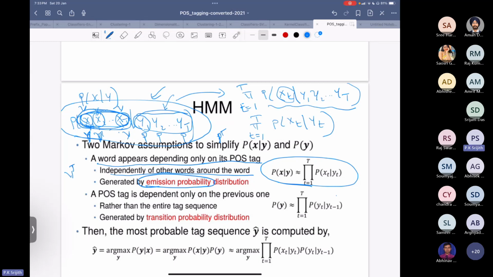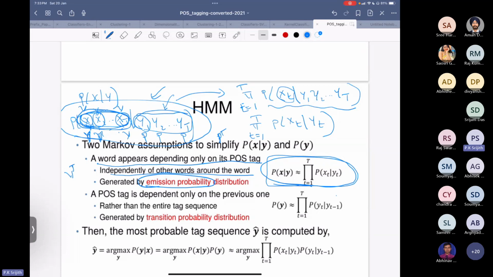So now coming back to the same question: if you make this assumption, how many parameters do we have to estimate now? We made the assumption that p of x given y can be written as the product over t equal to 1 to t of p of xt given yt.